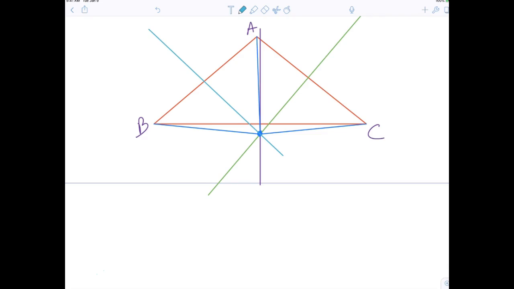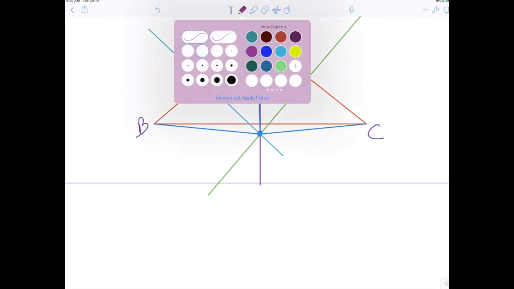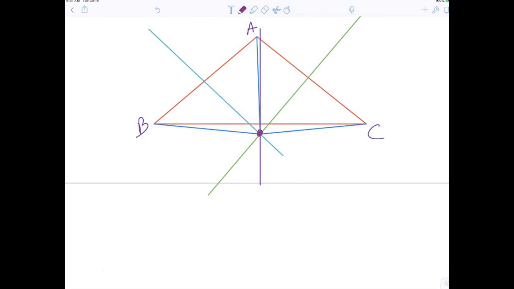Now, why is this point down here called a point of concurrency? They all come to that point. Those three lines meet at that point. That's a point of concurrency. And what's true about the three perpendicular bisectors of a triangle?